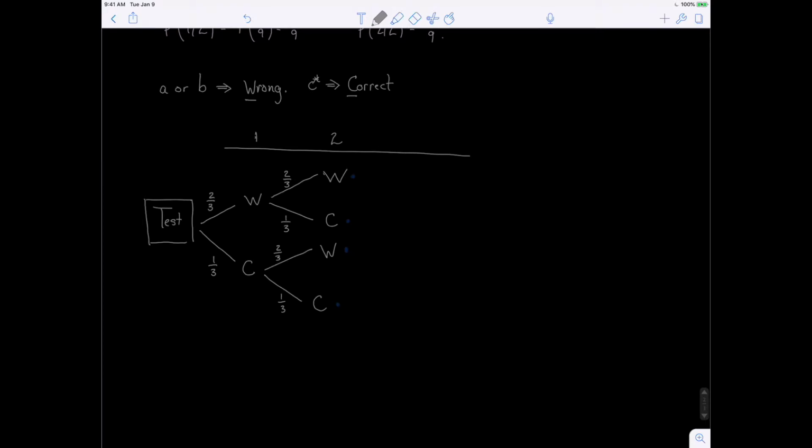So now, just like in the problem above, we said that I could multiply these weights. So the probability of a wrong and a wrong, well, that's equal to 2/3 times 2/3. Now the probability of our next outcome, these are our outcomes, I could label those.